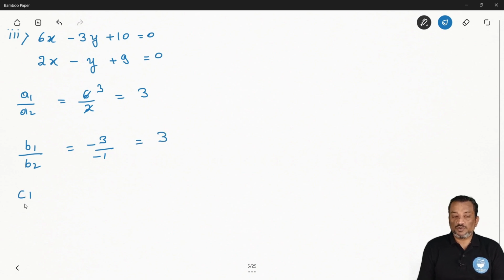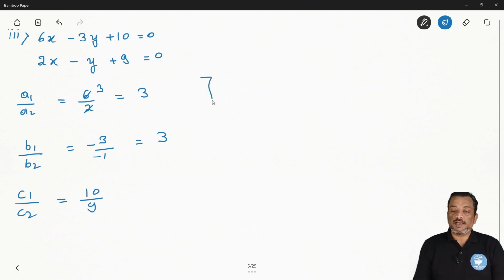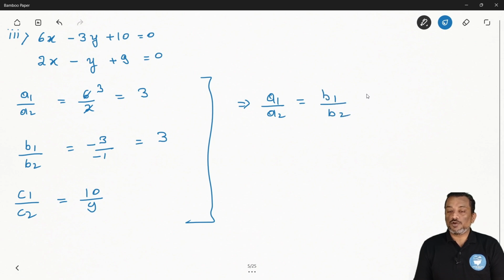And c1 over c2. You can say 10/9. So no common factors. So based on that, we can say here, okay, so a1 over a2 is equal to b1 over b2 and not equal to c1 over c2.